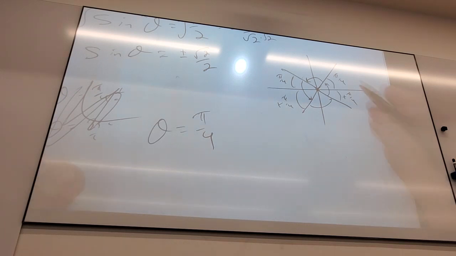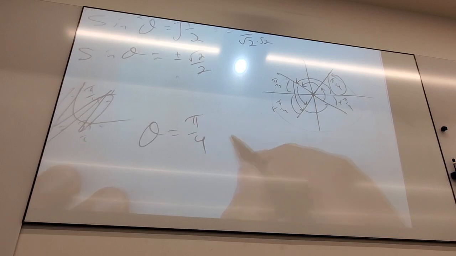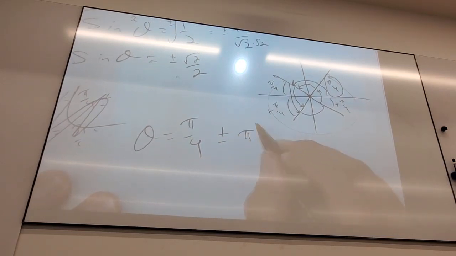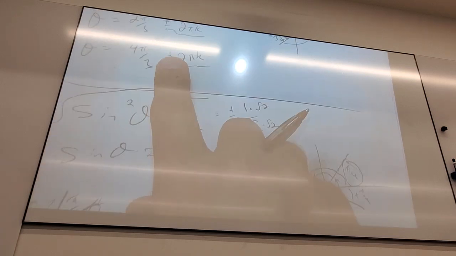So instead of going a full rotation around to pick this one up and then having to write a whole other thing for the next one, I'm just going to go pi over 4 plus or minus a multiple of pi over 2, pi over 2k, or pi k over 2. There. So why couldn't I do that here?